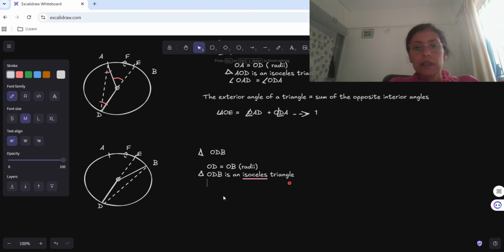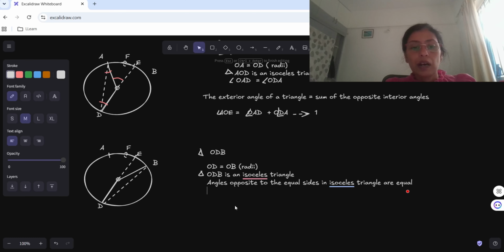Because it is an isosceles triangle, angles opposite to the equal sides in an isosceles triangle are equal. This makes our angle ODB and angle OBD equal.